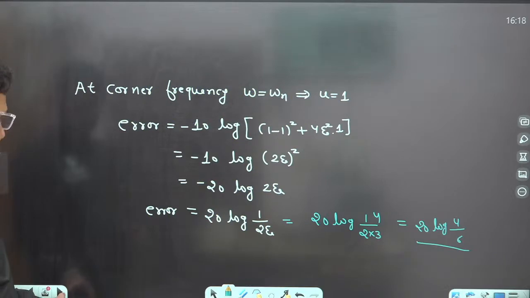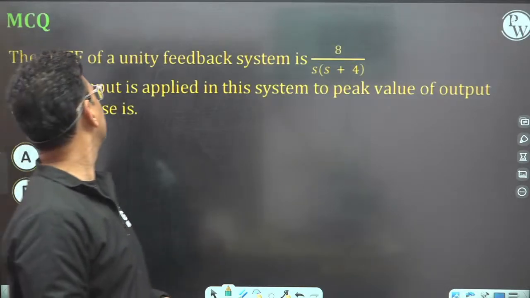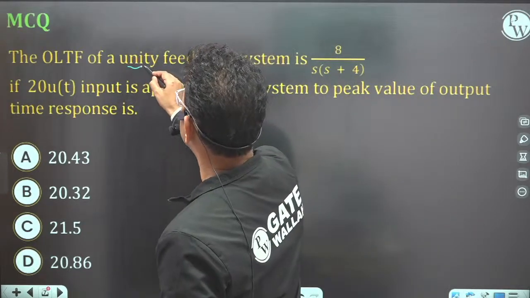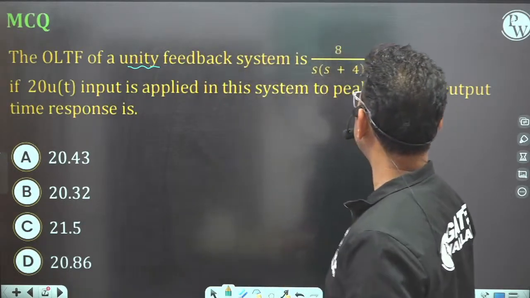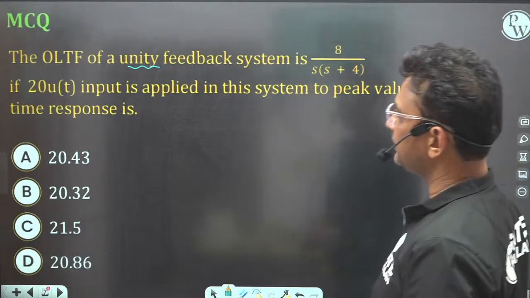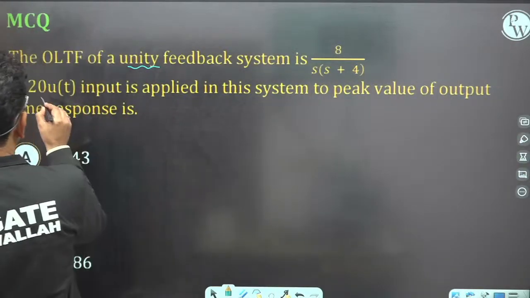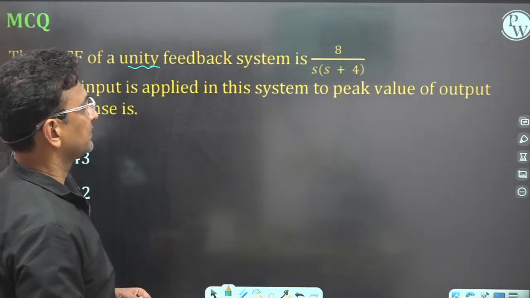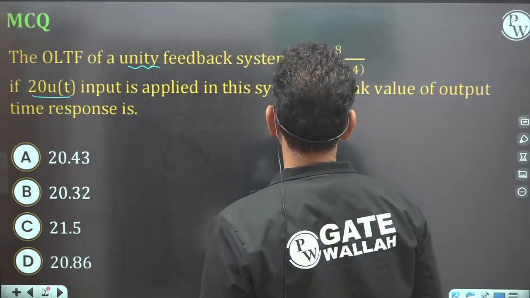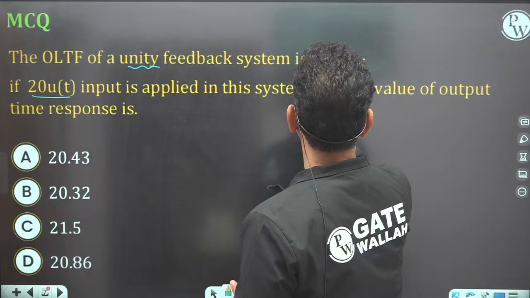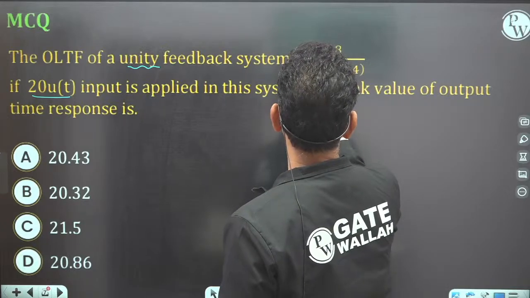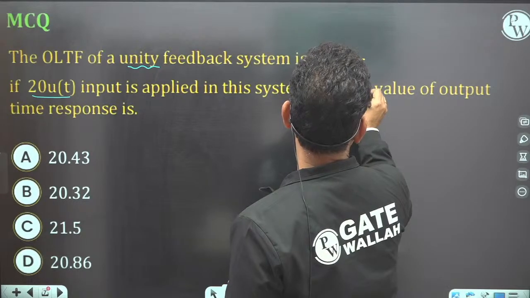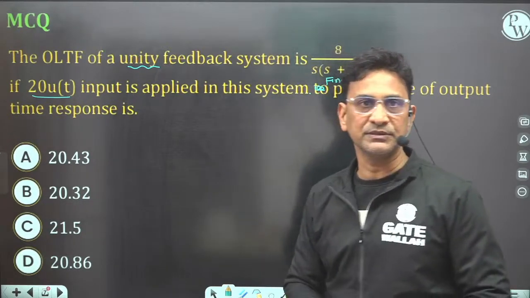Okay, now move to the second question. The open loop transfer function of a unity feedback system is given as 8 upon s plus 4. If 20 u(t), that means a step input of magnitude 20, is applied to this system, you have to find the peak value of the output. Find the peak value of the time response.